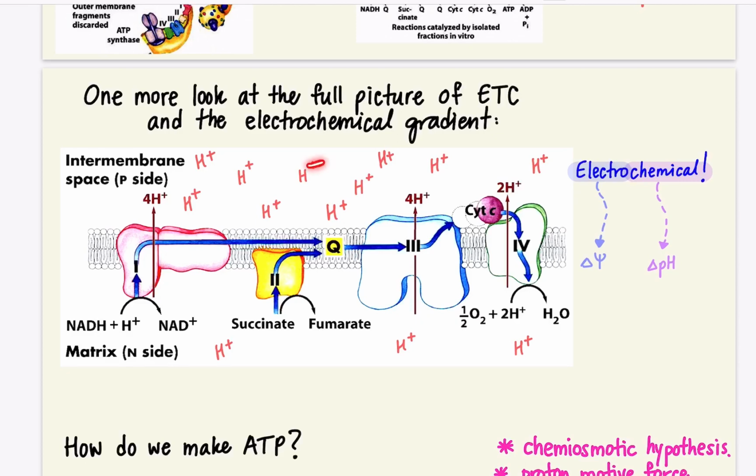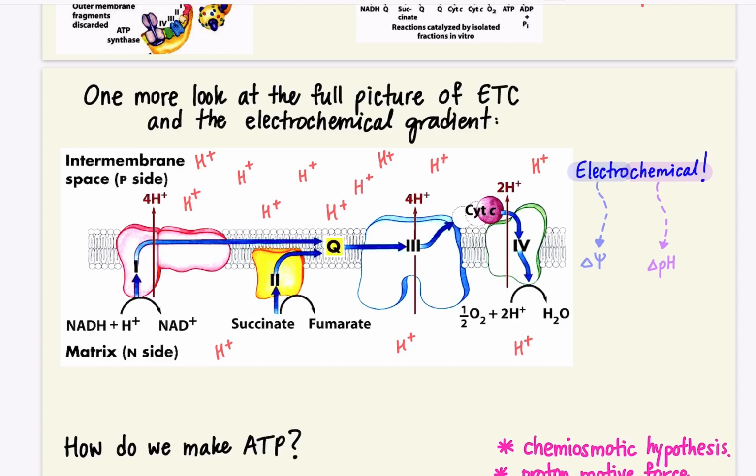Because we have a bunch of positive charges in the intermembrane space and not that many positive charges in the matrix. So relatively, the intermembrane space is way more positive than the inside. That's why we sometimes call the intermembrane space the P side for positive, and the matrix side the N side, which is for more negative.